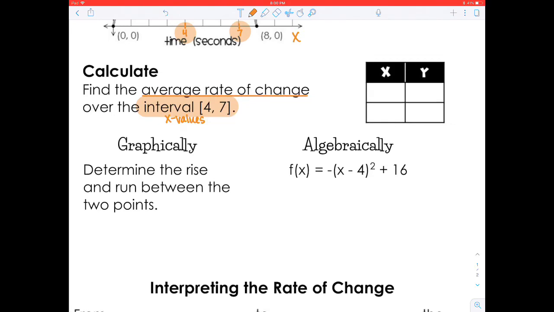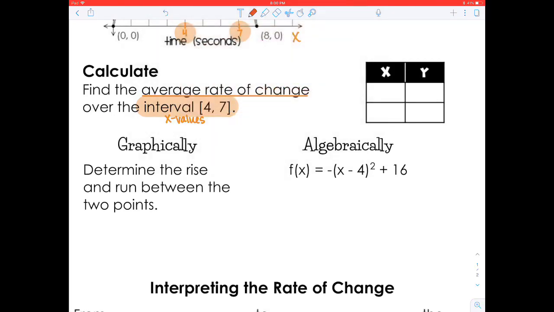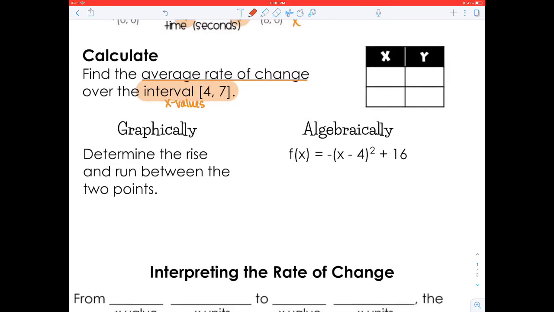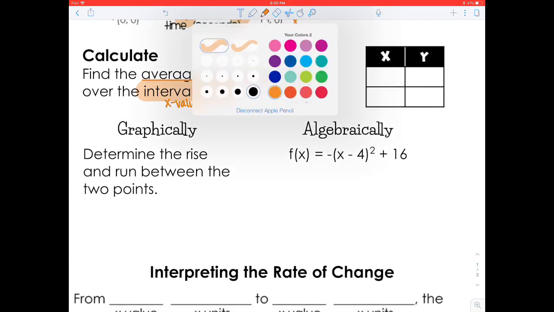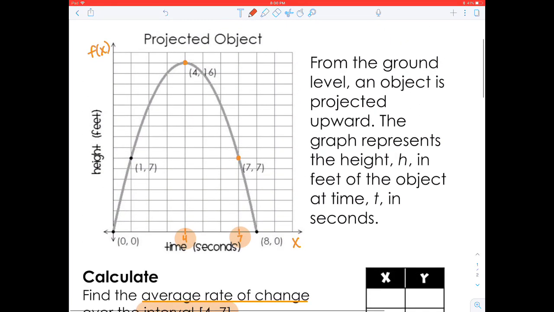And so doing this graphically, that's our first one. You're just going to do this how you're used to, by finding your rise and your run between those 2 points. So let's go to our graph.